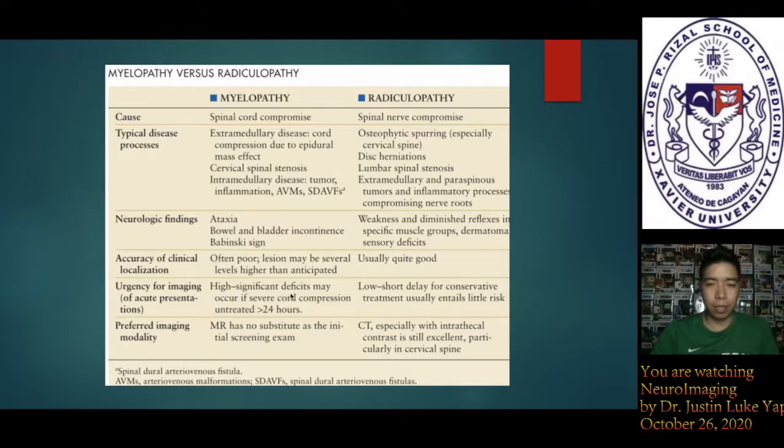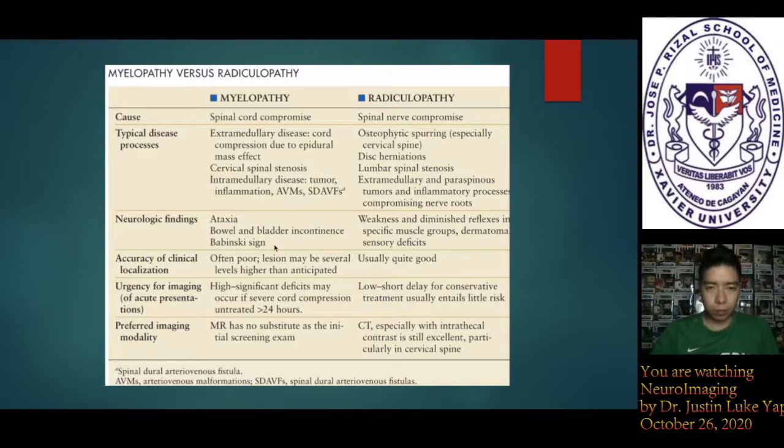Myelopathy is urgent because if it's severe, significant deficits may occur if it's more than 24 hours. Unlike in radiculopathy, usually you can have conservative treatment since there's little risk in these cases.